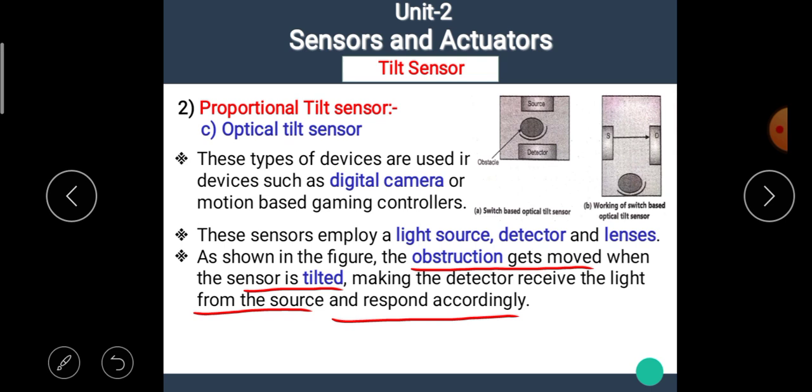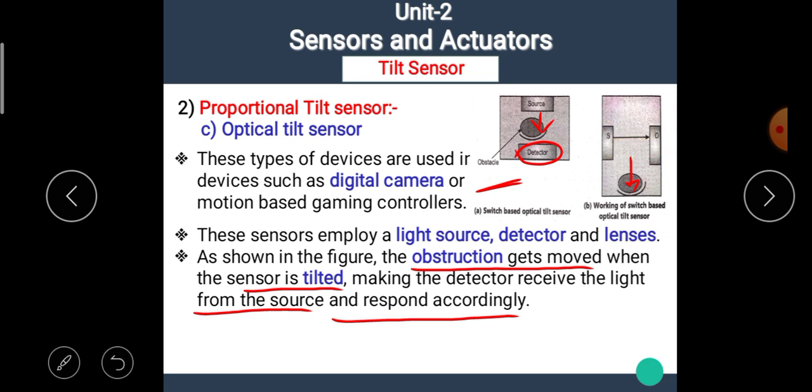That means here in the rest state we can see that the source emits light, but due to the obstacle the light does not reach the detector. But when the sensor gets tilted, the obstacle moves down, and the light emitted by the source is detected by the detector.